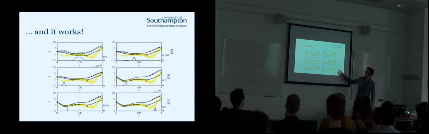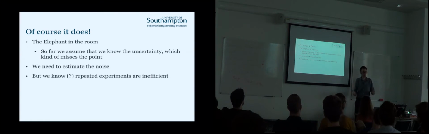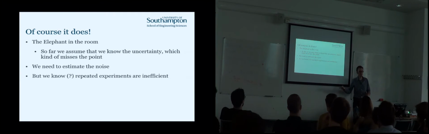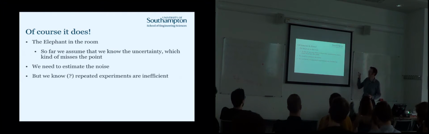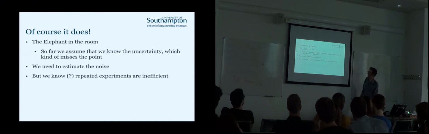It works really nicely. The thing is, of course it works because I've actually plugged in there the value of the uncertainty, and this is an uncertainty quantification workshop, I think that's what it's called, isn't it? And I've just said, oh, well, it's 9x squared. So what we need to do is actually estimate the uncertainty, and that's a little bit more tricky.